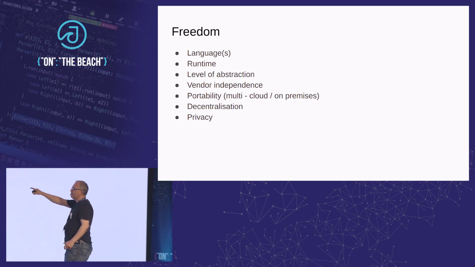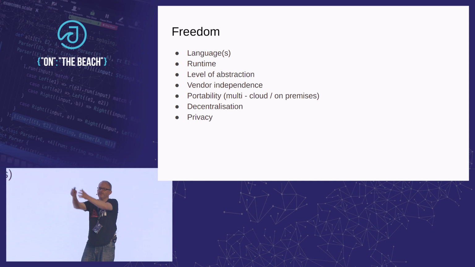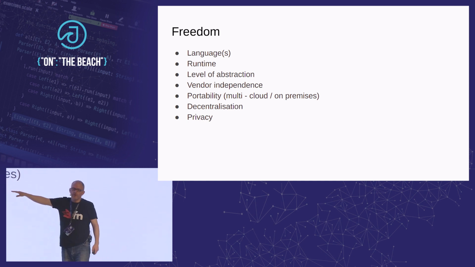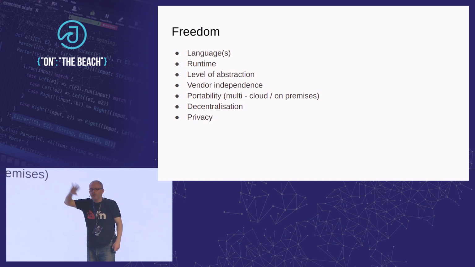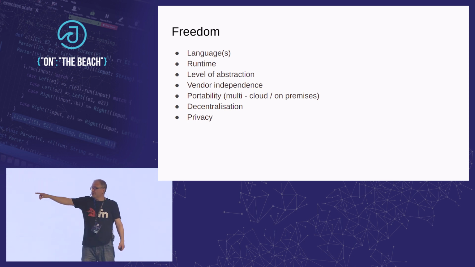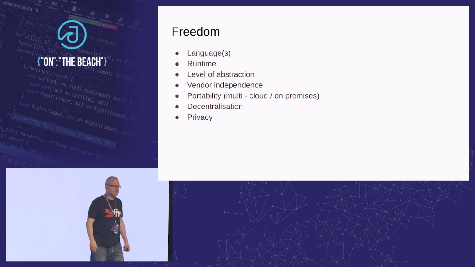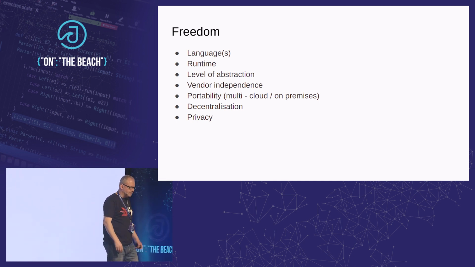They may want to be able to move their functions from one cloud to an on-premises environment to a different cloud, or even run in a decentralized model across multiple clouds simultaneously. They may also have privacy concerns. They don't necessarily trust all of the public cloud providers.